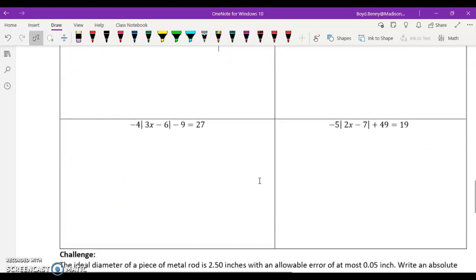All right, let's move on to our last example, and then I'm going to leave the your turns to you guys. So let's see what we get here on this one. So I'm going to add 9 first because remember, I'm working backwards through my order of operations when isolating something.